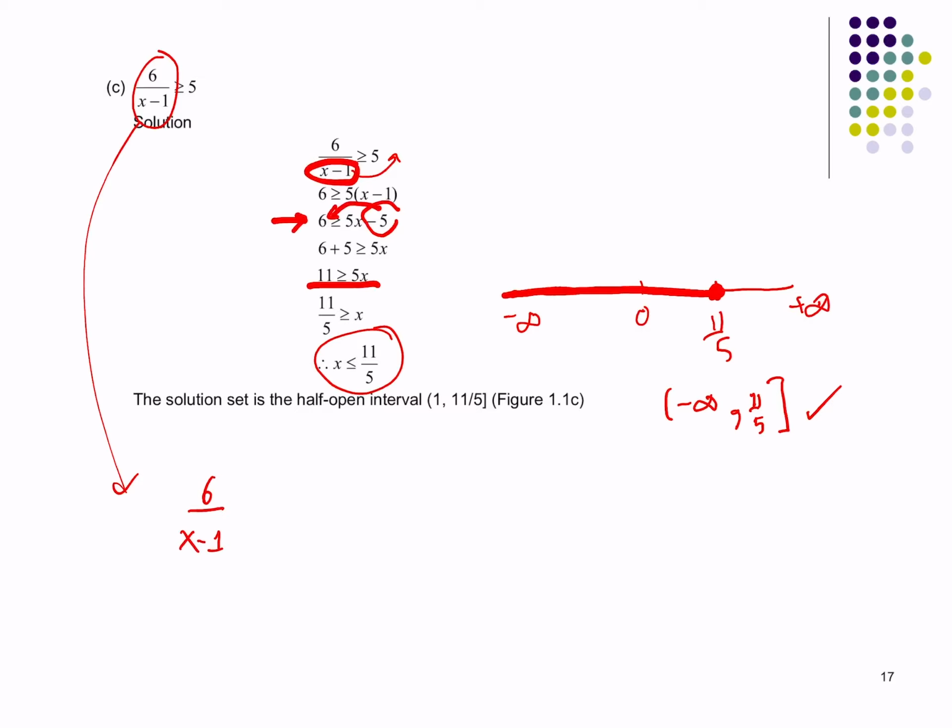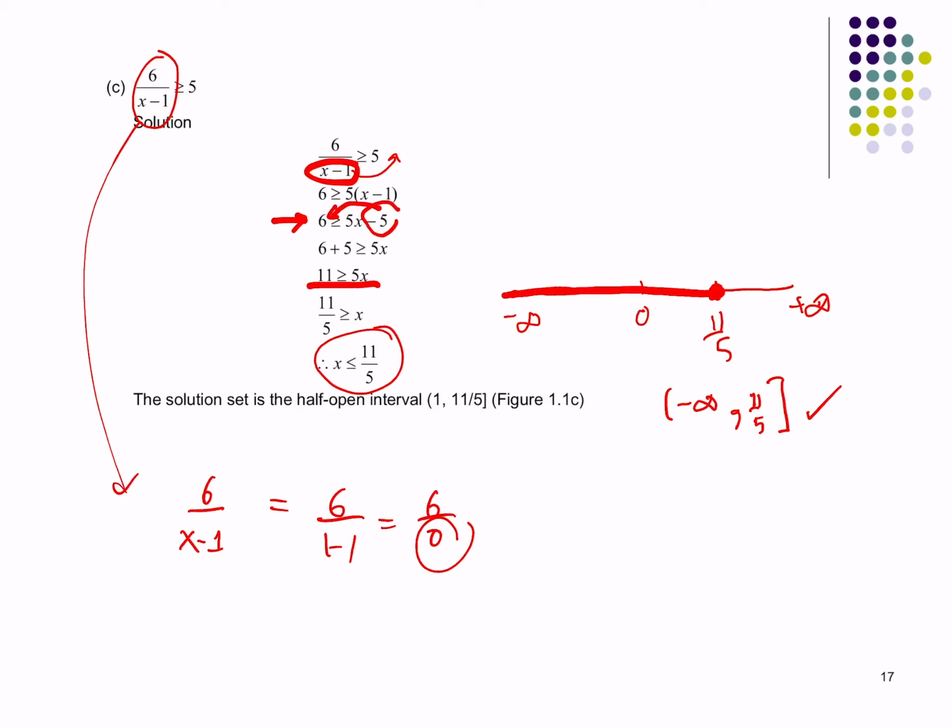But the value of 1 here cannot be the value of x, since if you apply the value of 1 here, it will become 6 divided by 1 minus 1, which is equal to 6 divided by 0, so that is undefined. So we don't want 1 to be the value of x. Then we have to focus on the values from 11 by 5 down to the value of 1, where the value of 1 will not be included in the set.